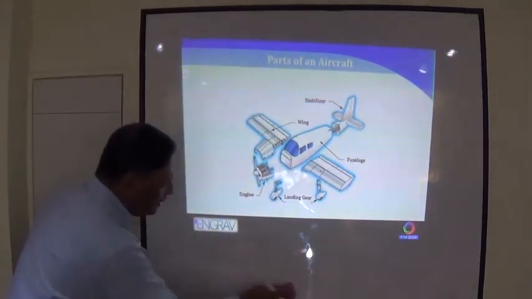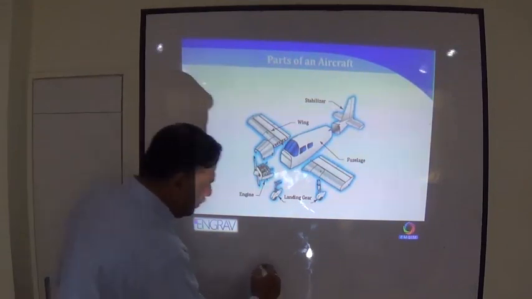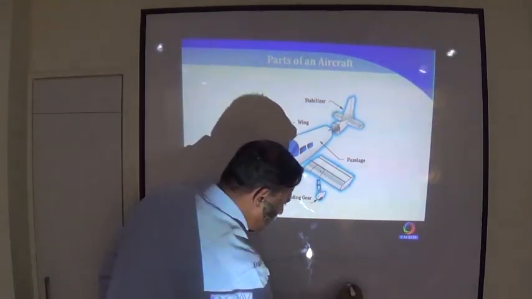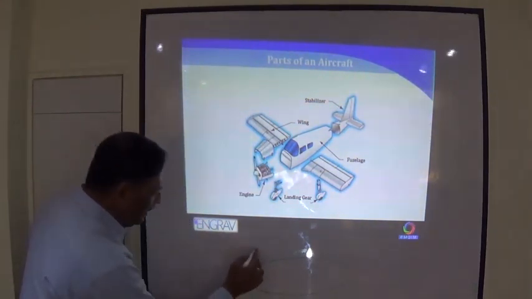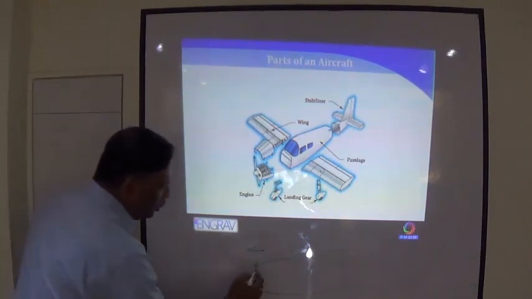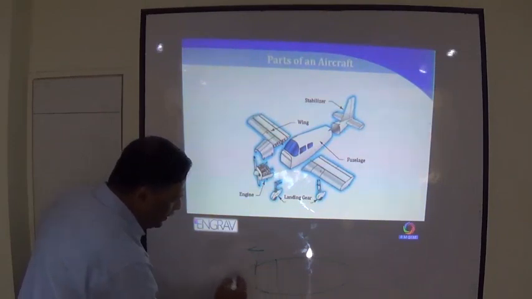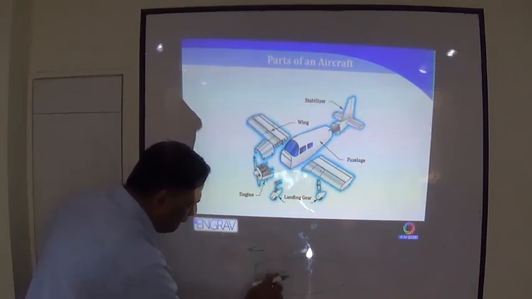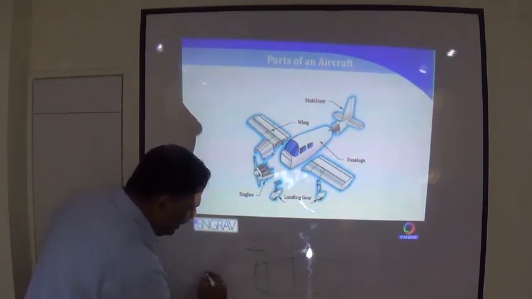An engine has a front side. Let's say this is forward looking. So you have one area, and air is flowing into that.